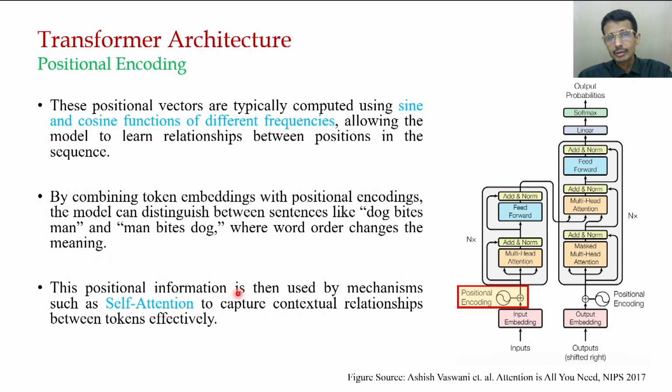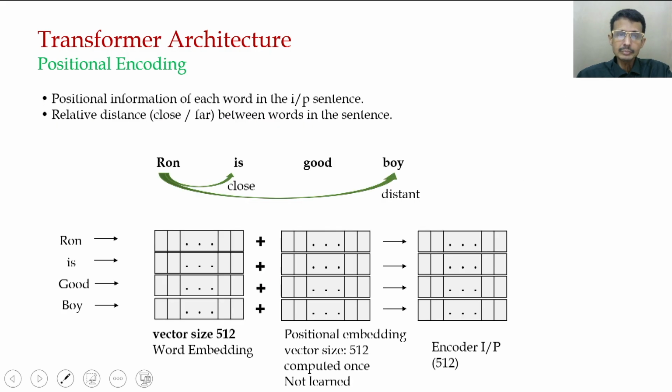This positional information is then used by mechanisms such as self-attention to capture the contextual relationship between the tokens. That's why positional encoding is a very important module before the actual encoder. Here is the information of each word in the input sentence and the relative distance between the words.